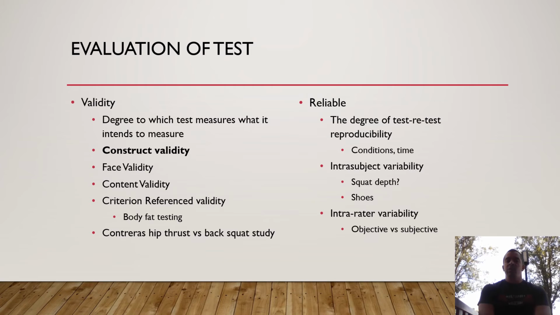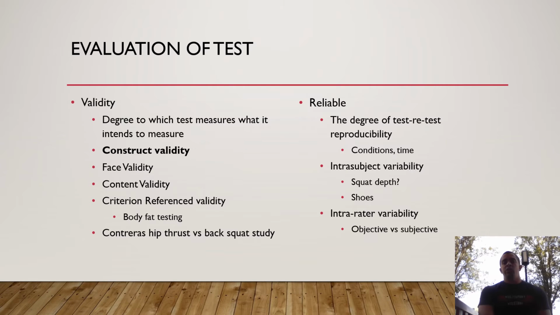Something like a test for strength. I already said the 1RM is the gold standard to assess strength. The construct there is strength, right? If somebody is assessing something like aerobic capability or cardiovascular health, the gold standard for that, you guys should know, is a VO2 max test. A VO2 max test is the gold standard for aerobic capability, and the construct is aerobic capability.